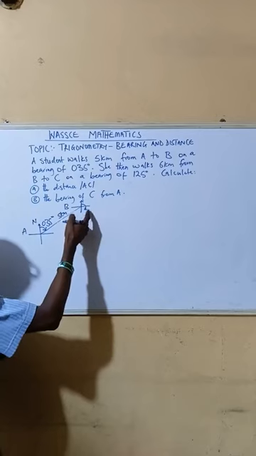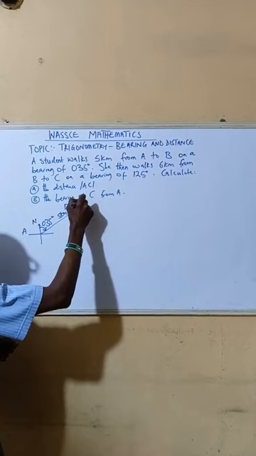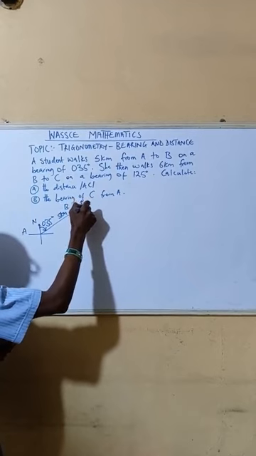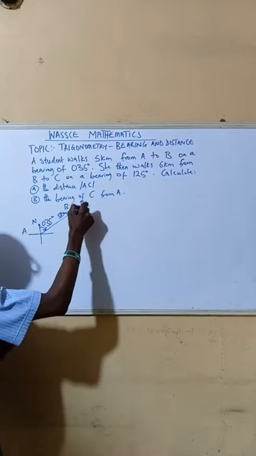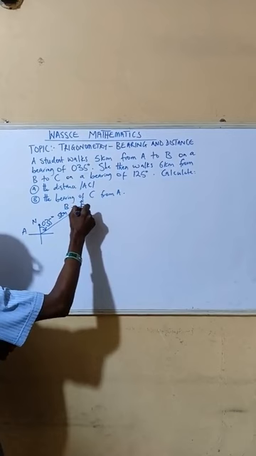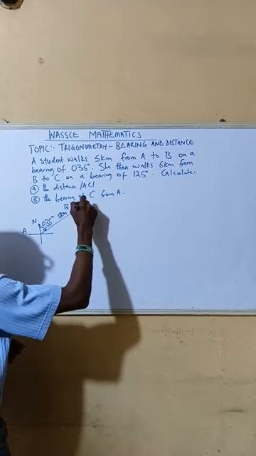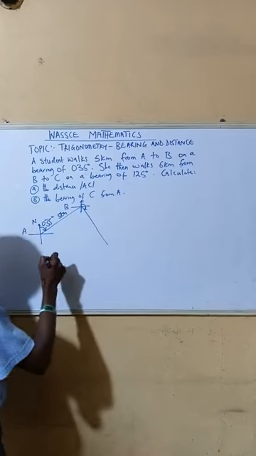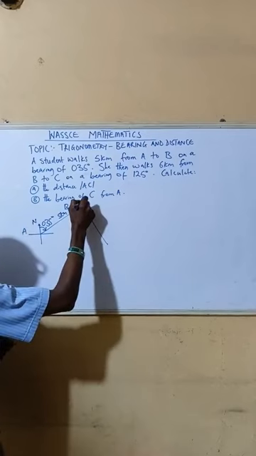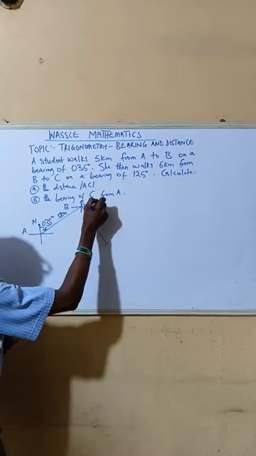I'm able to measure it as 125 degrees because I know that from 0 to 90 degrees, and from 90 degrees you have another 90 degrees, which makes 180 degrees. So between 90 degrees and 180 degrees, you can get your 125 degrees. From that point, you rule your line this way. So from this point to this point gives us an angle of 125 degrees.